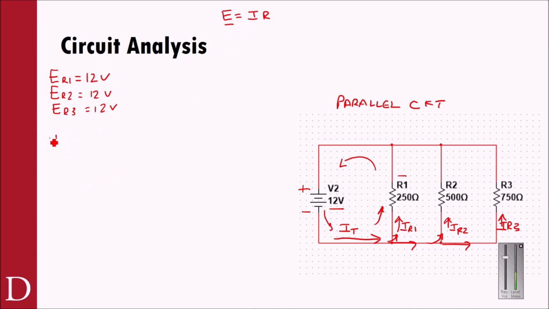So if I want to calculate IR1, if I redo this formula, I equals E over R. So IR1 equals 12 volts divided by 250 ohms. 12 divided by 250, I get 0.048.